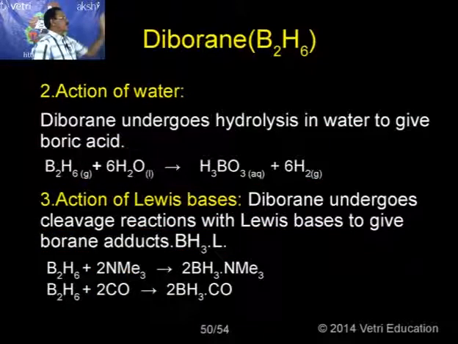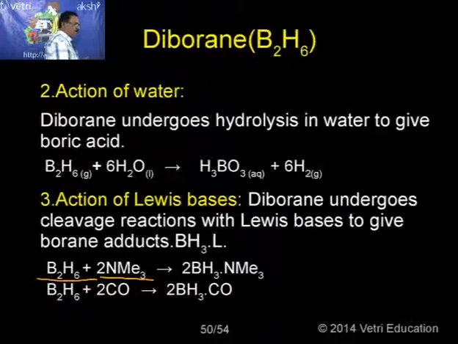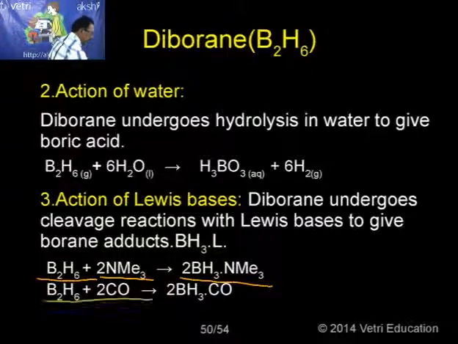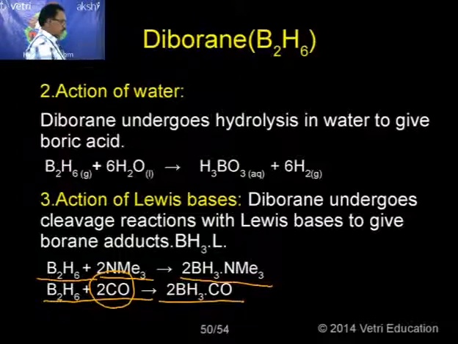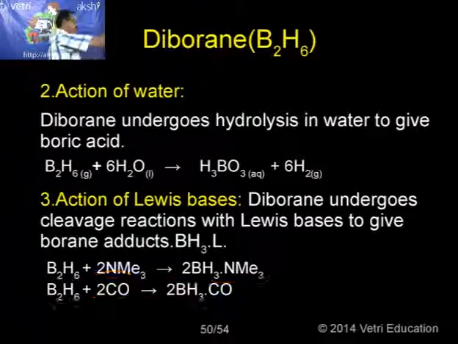So you see the reaction: B2H6 reacts with 2 moles of N(CH3)3 to form 2 BH3.N(CH3)3. In the same way, B2H6 reacts with 2 moles of CO, again forming an adduct, 2 BH3.CO. So in both cases, trimethylamine and carbon monoxide, it forms an adduct. This is the interesting information about action of Lewis bases.